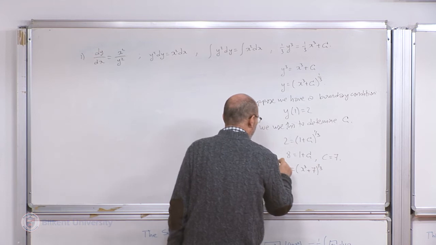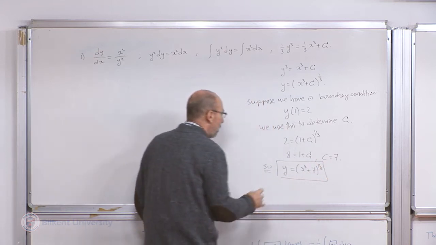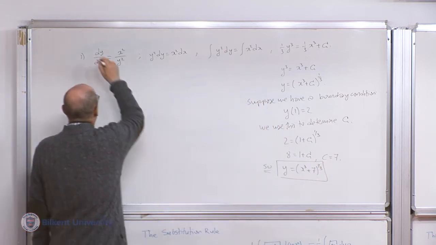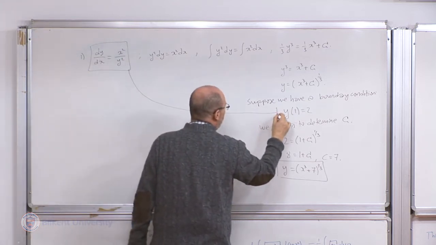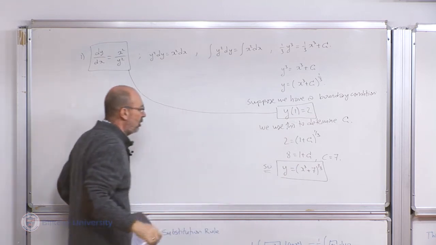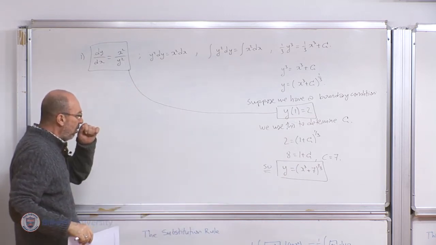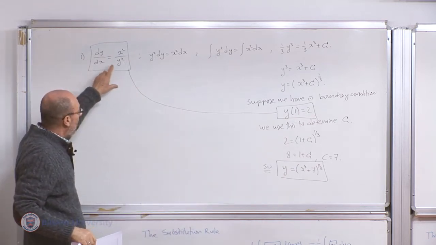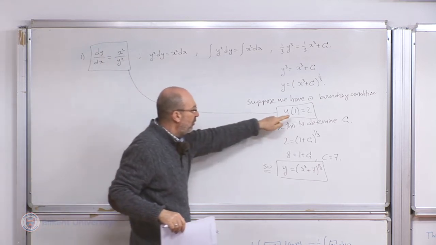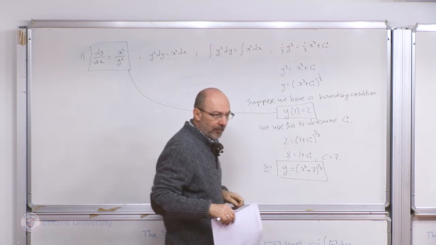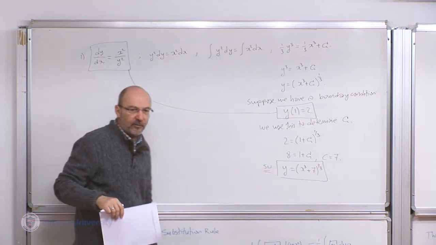Okay, so this is the answer to this question together with this. Okay, so this is the question. Among all curves satisfying this equation, find the one which passes through the point (1, 2). Okay, it is this curve.